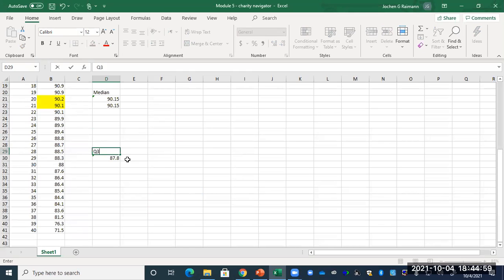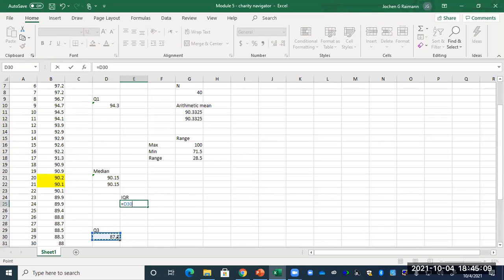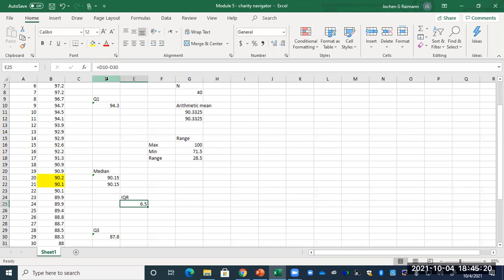So this is our Q3. And if we want to calculate now our IQR, the only thing we need to do is subtract Q3 minus Q1, or vice versa. Of course, because it's ascending. So this is 6.5. That's the interquartile range.